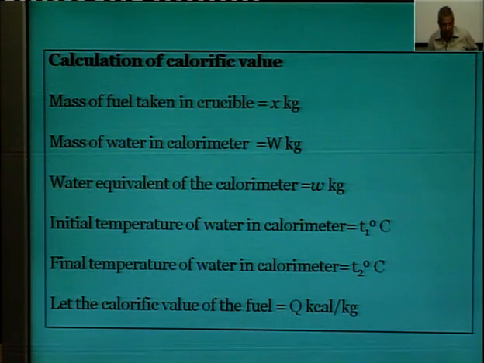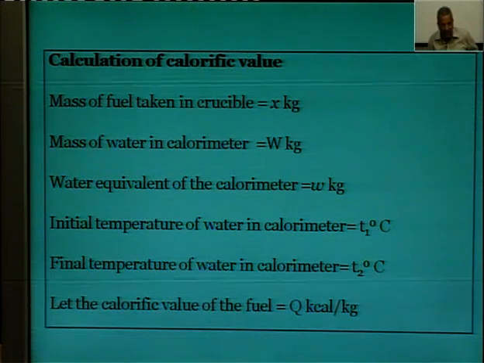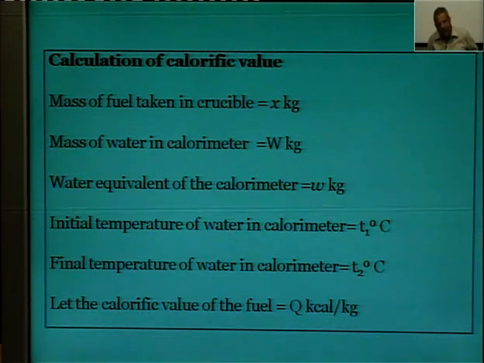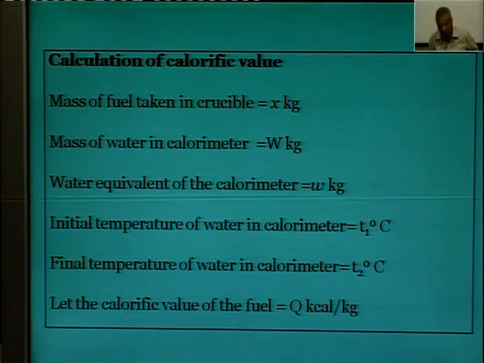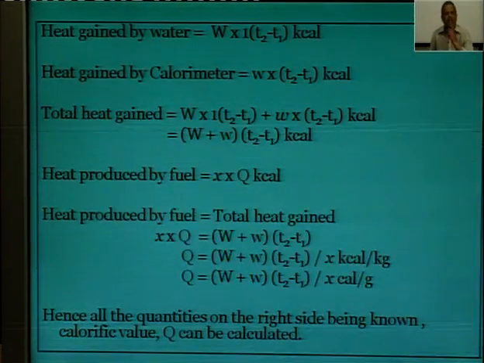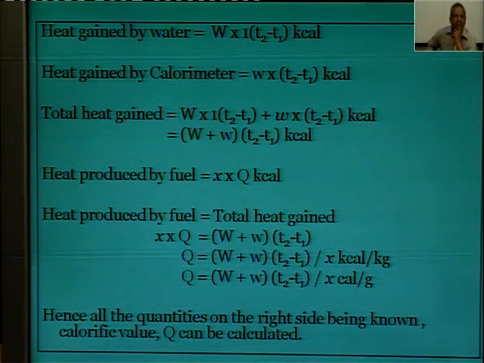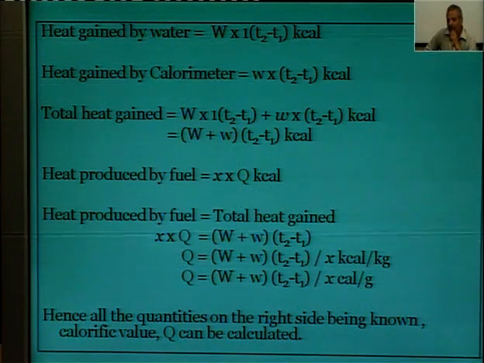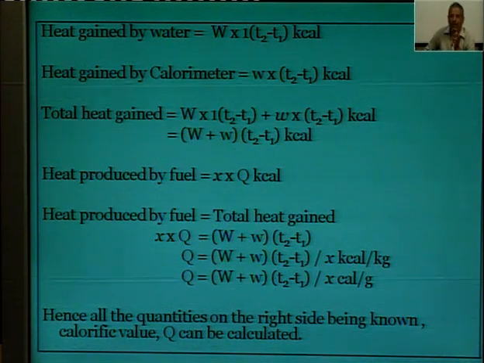So, the mass of fuel is x gram, the calorific value of the fuel is Q. So, x into Q is the heat generated, and the heat gained by water is, we know the weight of the water and we know the final temperature of the water, that is T2. So, T2 minus T1 is the rise of the temperature of the water.